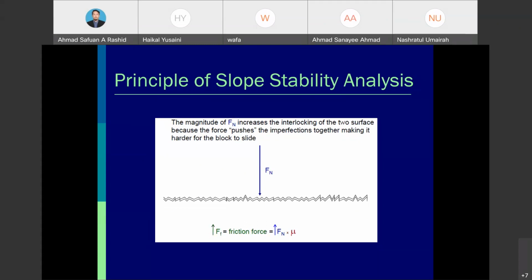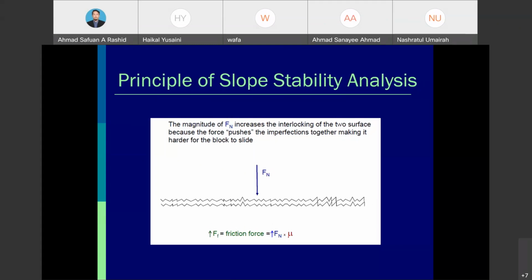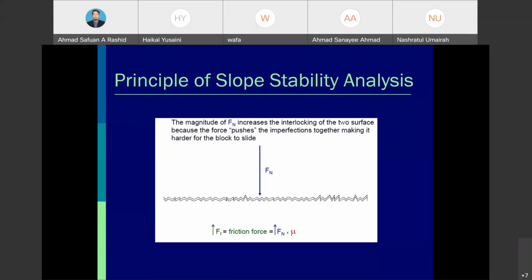I guess it's a repeat, just to show that when we increase the block weight or decrease the gradient of the slope, it may contribute to a higher normal force.